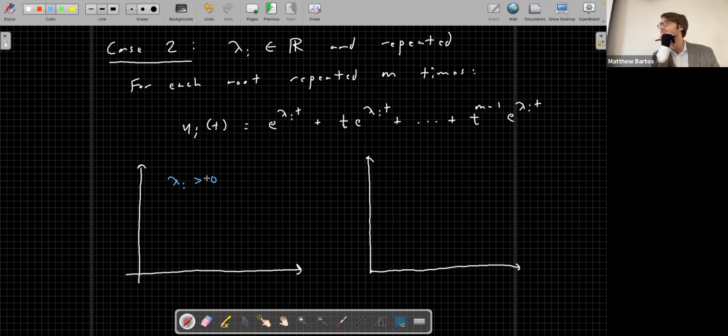What will the response look like? I know it's hard to specify exactly, but essentially it'll look very similar to the exponential growth case from before. You'll have exponential growth that is scaled by time. So actually this should begin at, well, it won't necessarily begin at 0, but you'll get exponential growth that gets scaled by time.